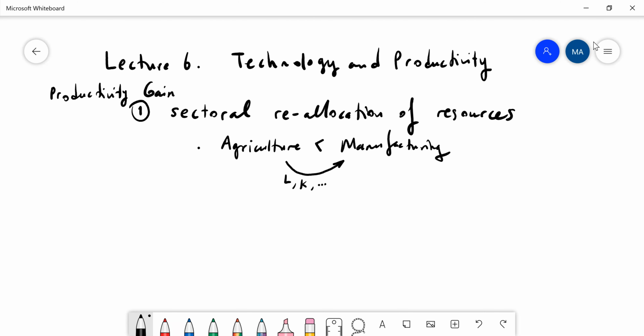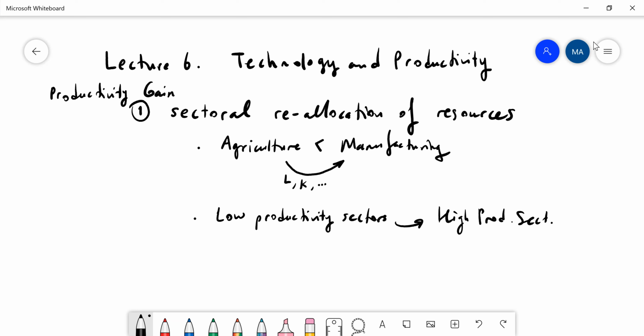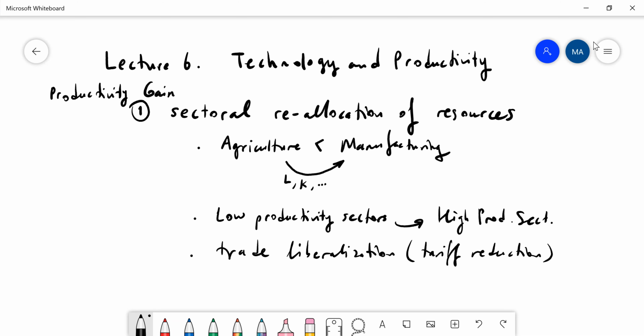It doesn't have to be agriculture and manufacturing. It could be more generally low productivity sectors to high productivity sectors, right? Suppose that there is trade liberalization, so suppose that there is a tariff reduction. What's the effect of this? Well, many industries are now open to global competition, right?